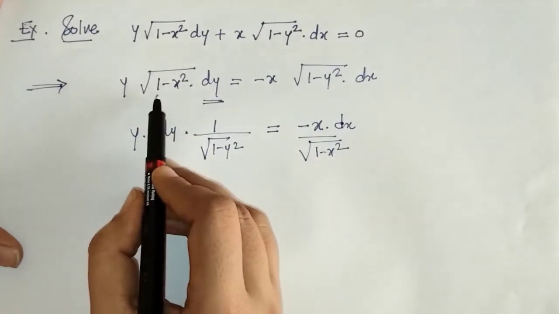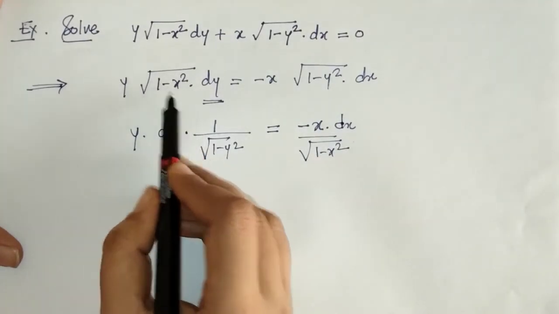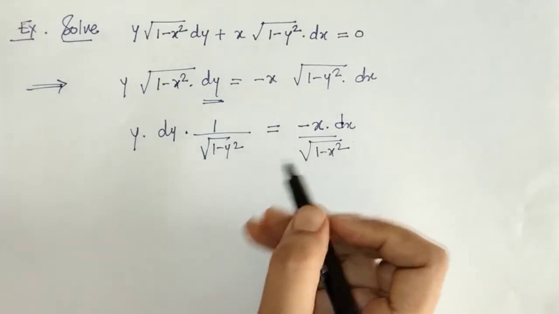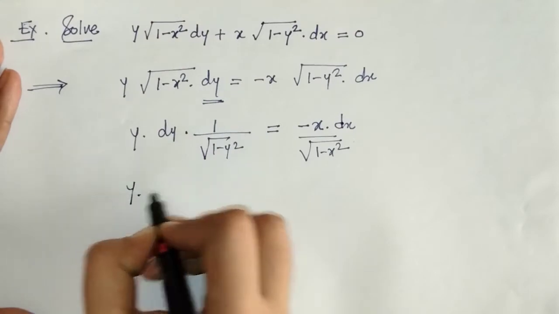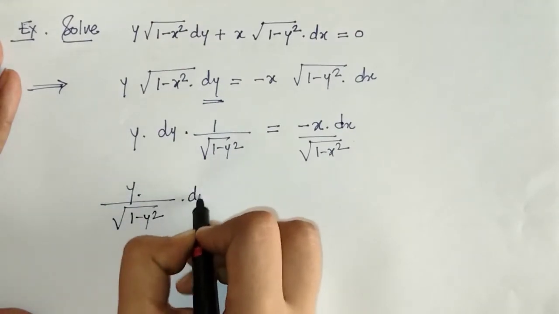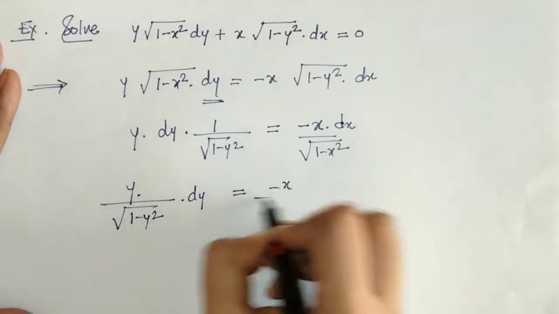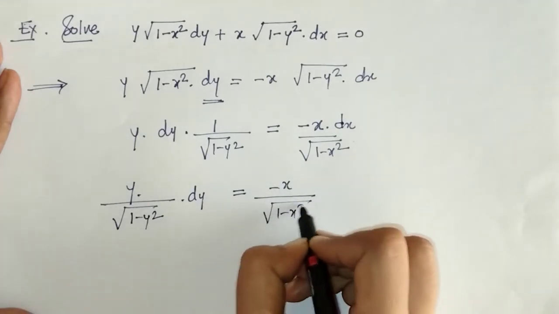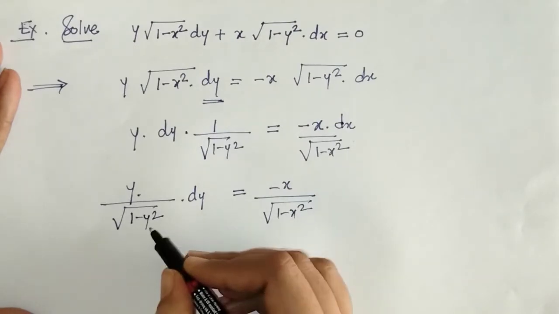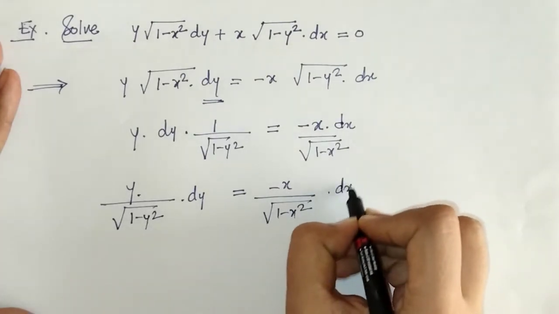We have shifted the root of 1 minus x square so that it gets in the denominator. Now we can check that yes, this is variable separable form, right? On one side we have got the variables of x, on the other side we have variables of y.